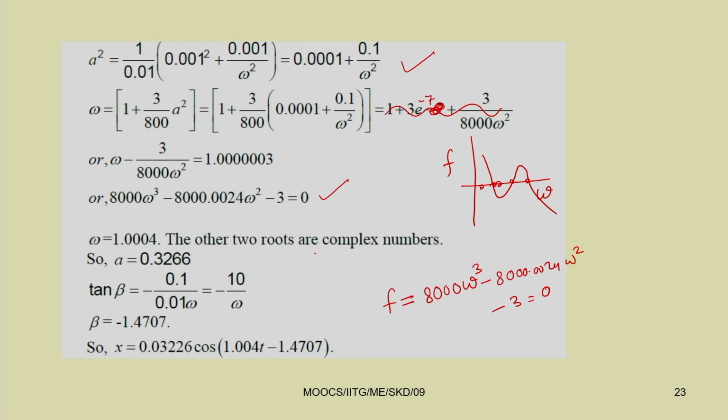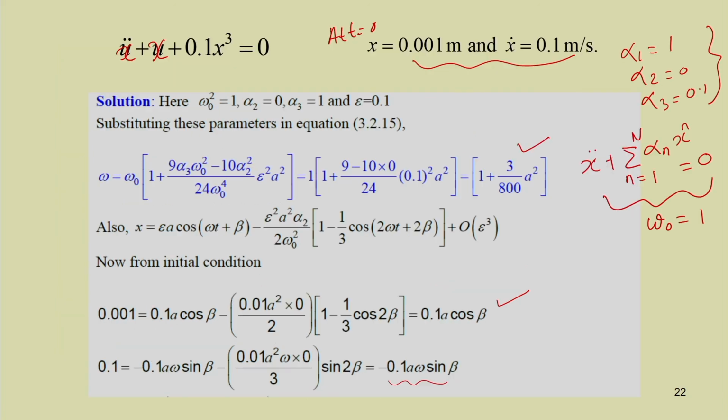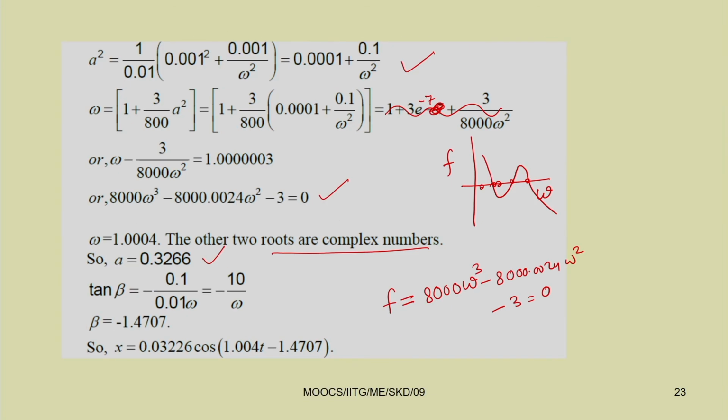You may get complex numbers as it is shown here. So, taking that value of omega, you can find the expression for A, and from that you can get A equal to this. Then tan beta, dividing this sin and cos, you can get tan beta equal to this, from where you can get beta.